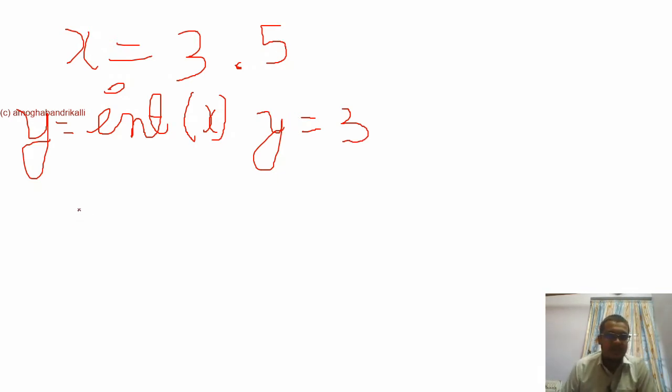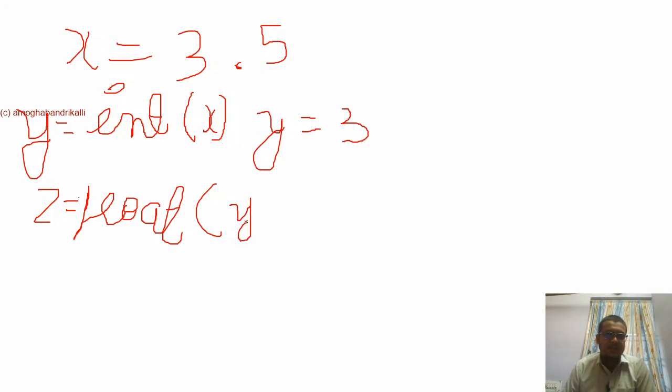In the same manner, now y is an integer. If you need to convert y into floating point, you can pass y. Initially it was 3.5, later it was converted into 3. Now z will be converted into floating point, that is 3.0.